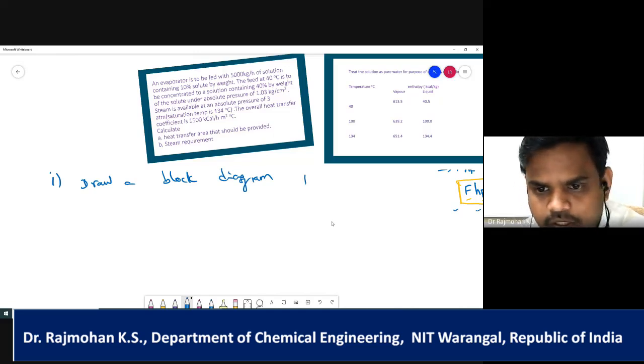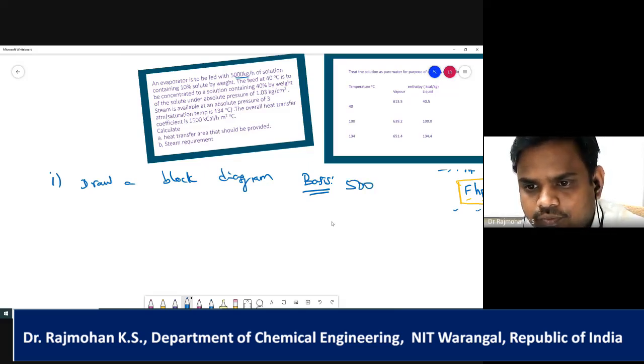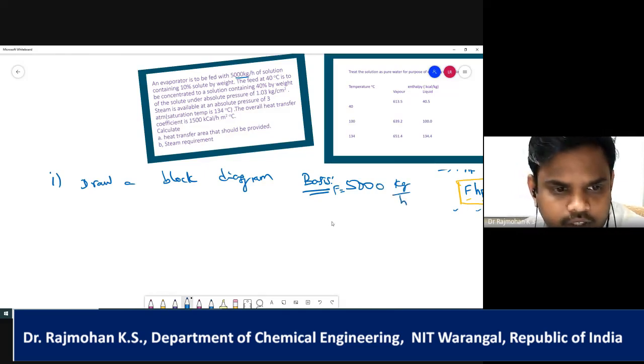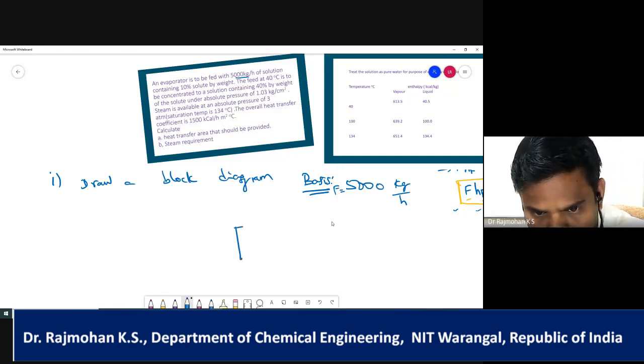Okay, so what is our basis? Our basis is feed containing 5000 kg. F equal to 5000 kg per hour of solution. Okay, so that is our feed. So we can make a neat diagram. We have one system.